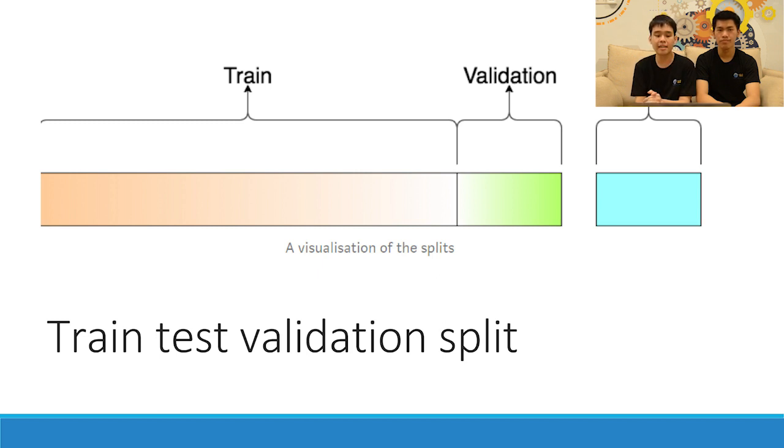Finally, the test set is to see how our model performs in real-world situations. It is also used to prevent overfitting to the validation set. In some cases, we might be overfitting on our validation set. That means that it is performing well on the validation set, but not so great on the test set.